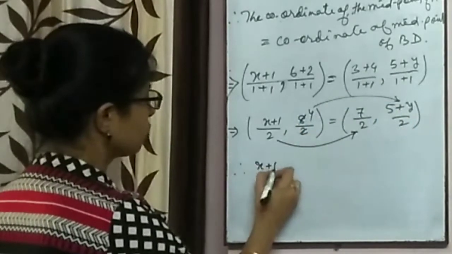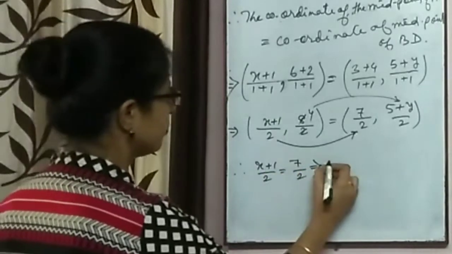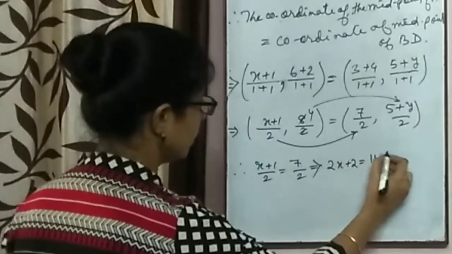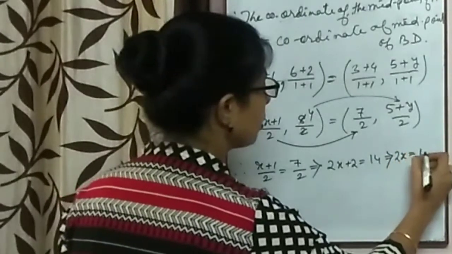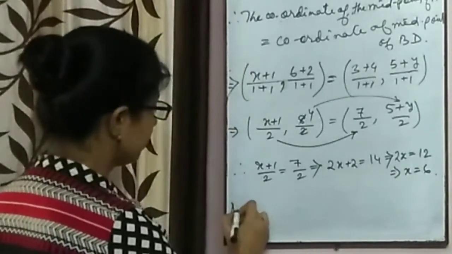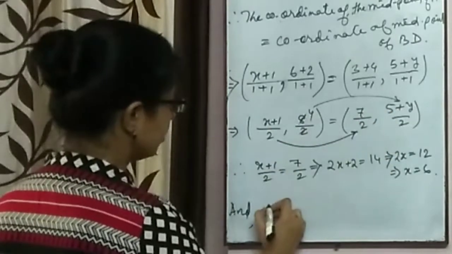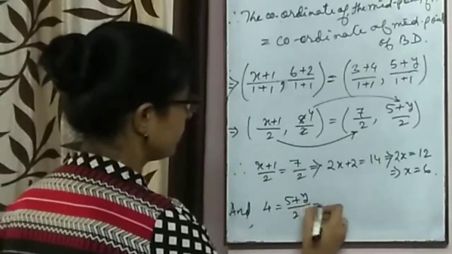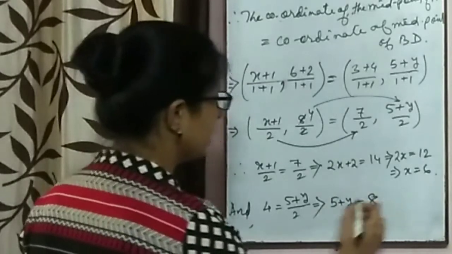Therefore (x plus 1) by 2 is equal to 7 by 2, which implies cross multiply, 2x plus 2 is equal to 14. That means 2x is equal to 12. Therefore x is equal to 6, and 4 is equal to (5 plus y) by 2, then 5 plus y is equal to 8.